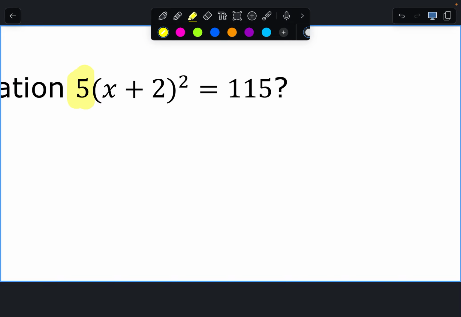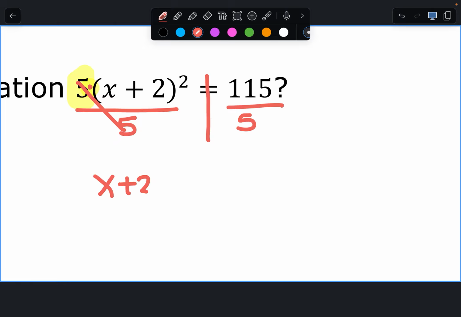That 5 is multiplied by (x plus 2) squared, so the only way to get rid of that 5 is to divide. Then you're left with (x plus 2) squared equals 23.